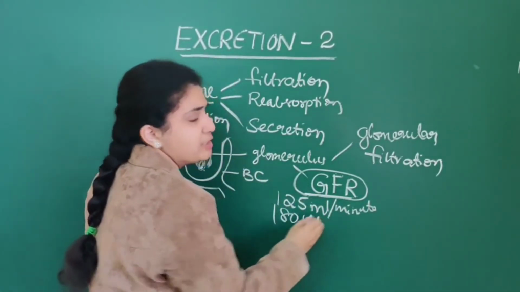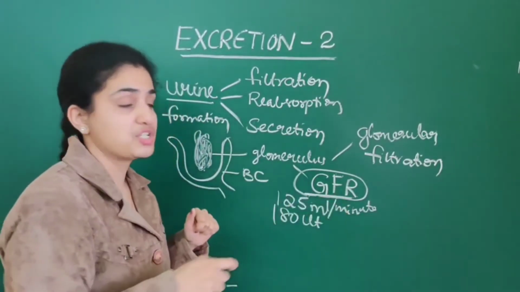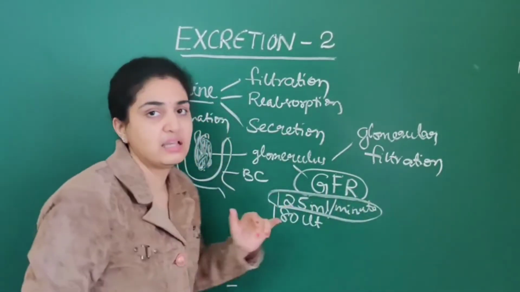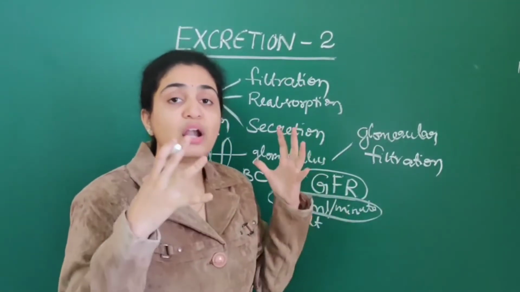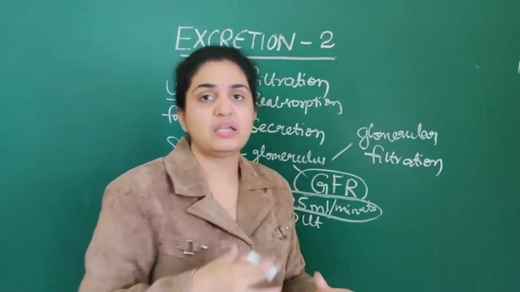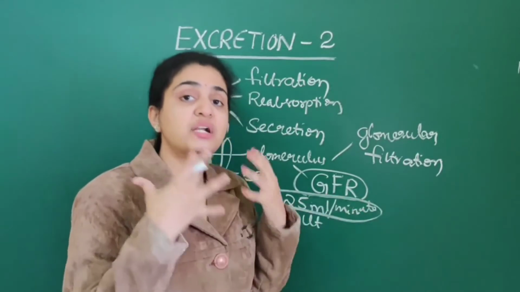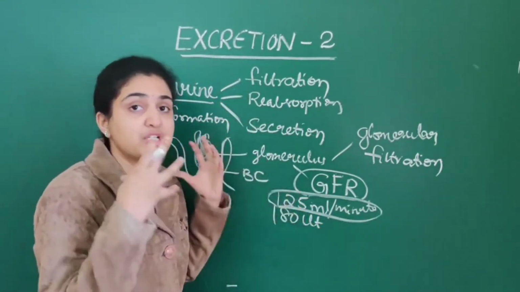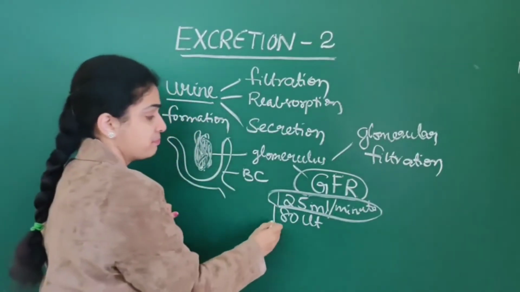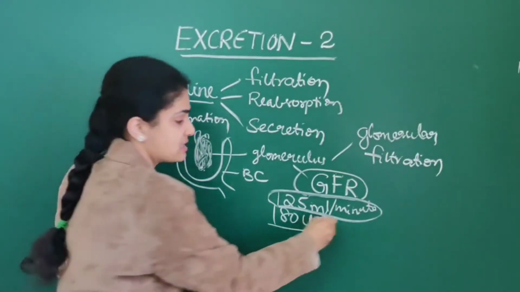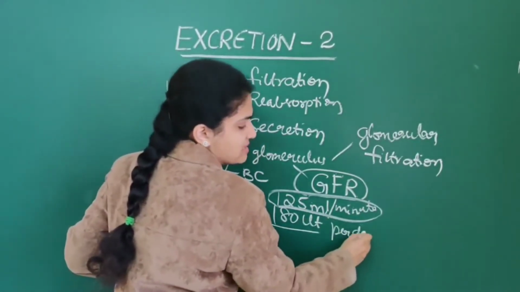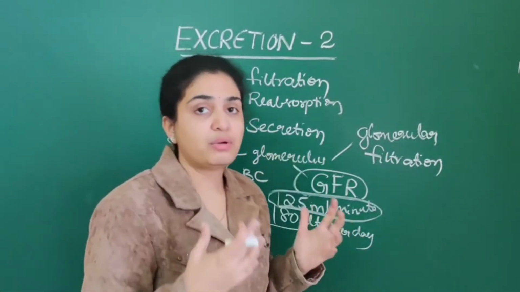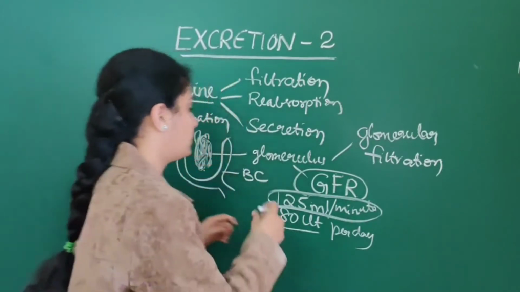Usually an important NEET question: how many ml is formed per minute, they'll ask. Usually about 125 ml per minute is formed. You should remember these numericals. As well as 180 liters per day. This they won't ask more, but here they will ask 125 ml per minute.